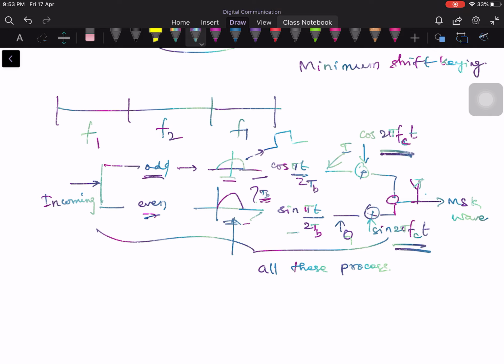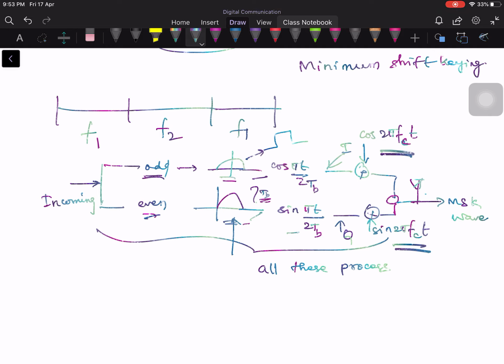The quadrature channel pulse is shifted by a bit duration Tb, so these are mutually offset with respect to each other.